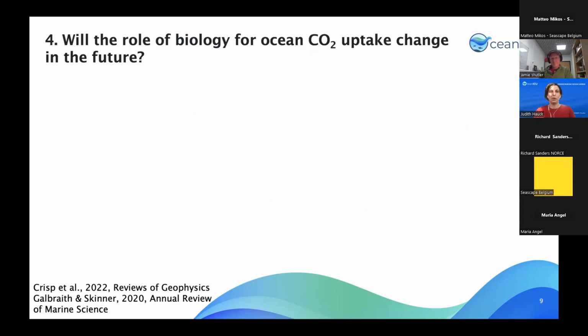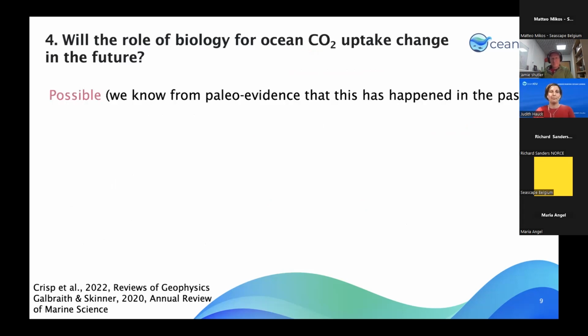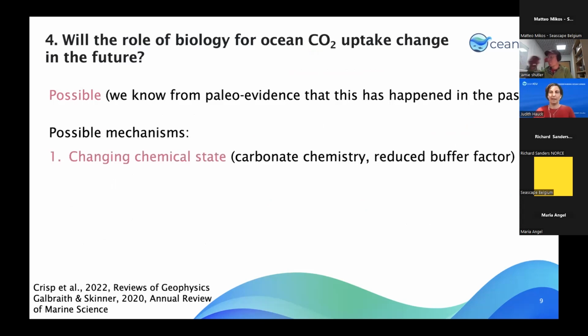So will the role of biology for ocean CO2 uptake change in the future? Possible, likely. I mean, we know from paleo evidence that this has happened in the past, so the mechanisms are there, they can act. We just don't have evidence currently that biology has changed in such a way in the past decades that it would have an effect on atmospheric CO2 already. So the possible mechanisms here are a changing chemical state.